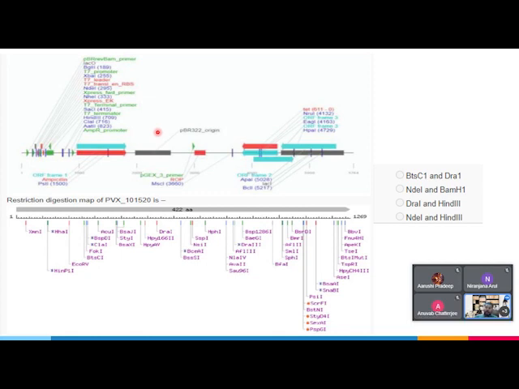I would like you to try. You did get what I was trying to say. You have to choose the particular restriction enzyme from the list given here and choose the pair that seems most relevant.